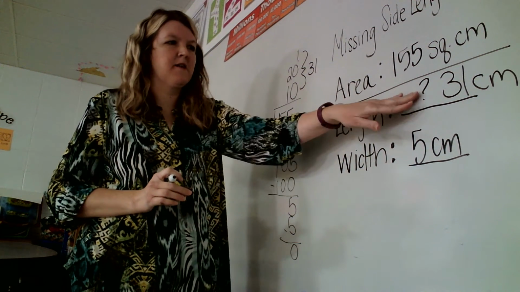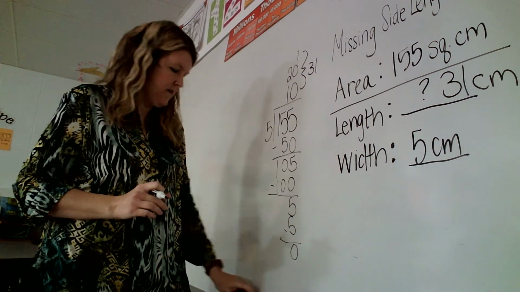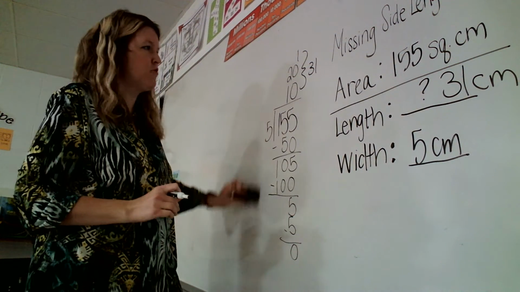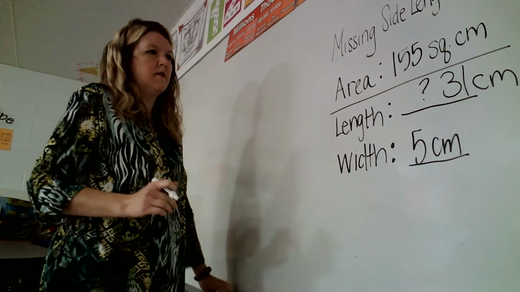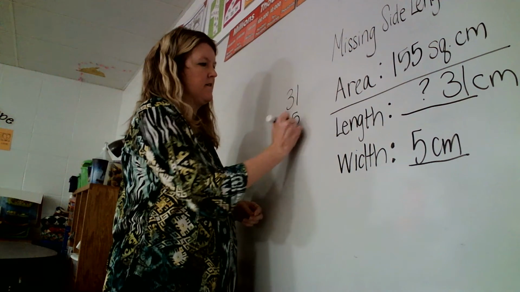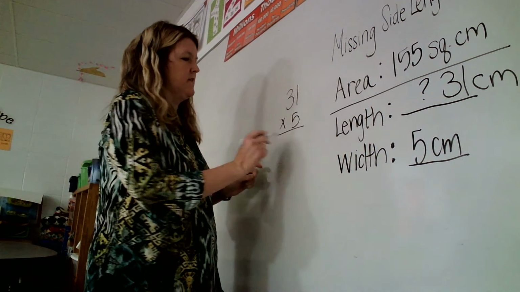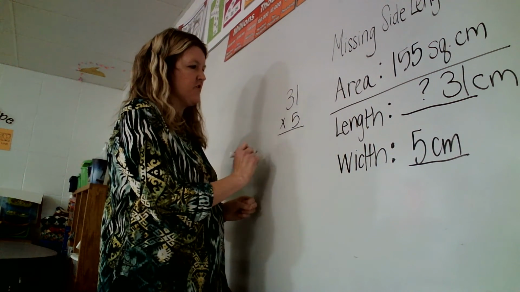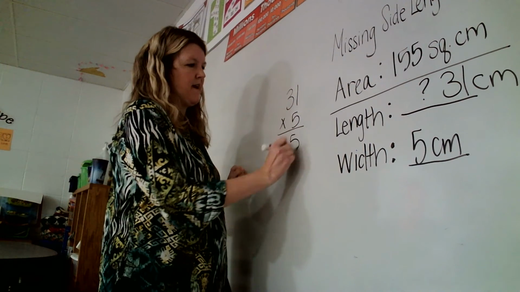So I can then check that to make sure that is correct by doing what we know the formula is for area. I can multiply the length times the width, and I should get 155. So I'm going to do that real quick to make sure that we have done this correctly. If I do 31 times 5, that should give me the area of 155. So, we know some different strategies that we can use for this. If I do 5 times 1, that gives me 5.